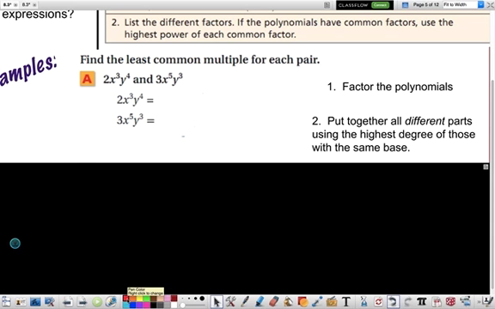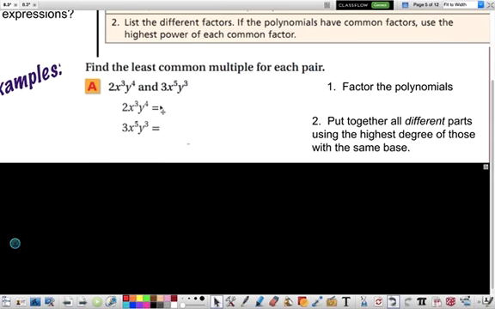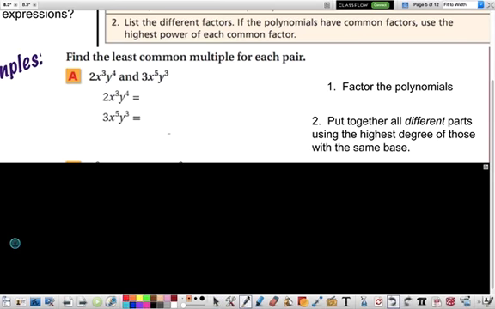So, this one, can you factor it any further? Nope. So we're going to leave it as 2 to the power of 1 times x to the power of 3 times y to the power of 4. This one, can you simplify it, factor it? No?